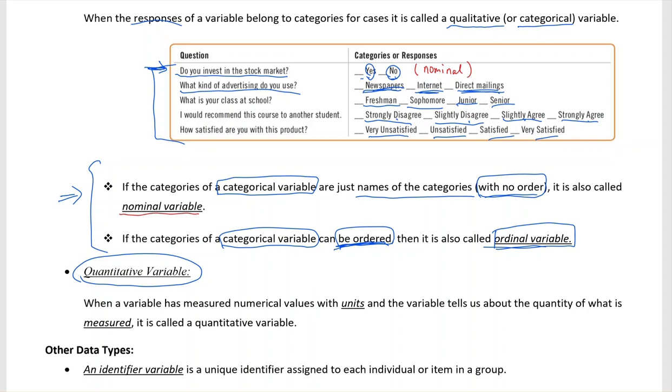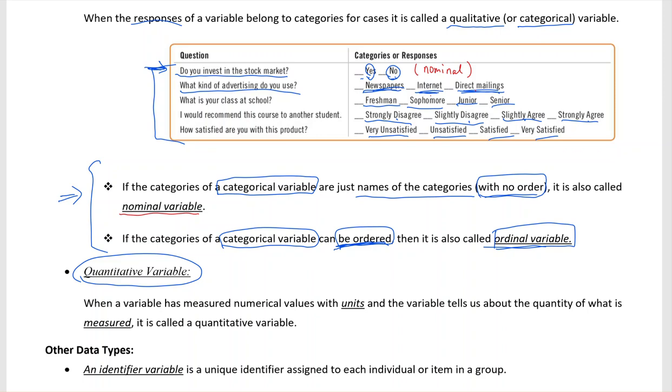All right, next, what kind of advertising do you use? Newspaper, internet, direct mailings. First, we have already decided that your response will belong to these three categories. Then it is a categorical variable, right?